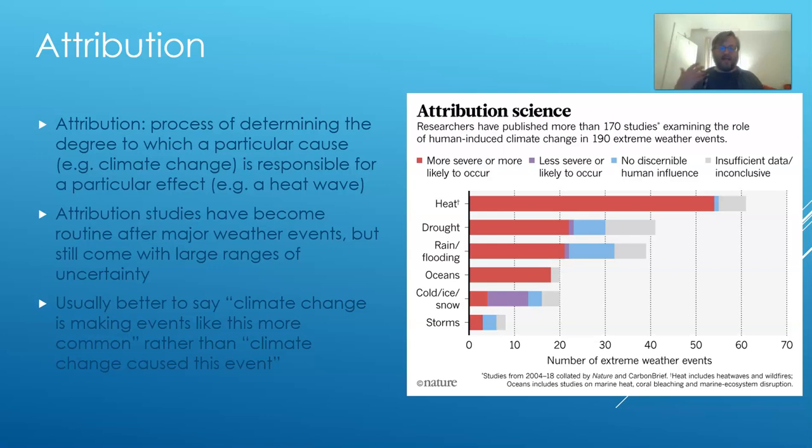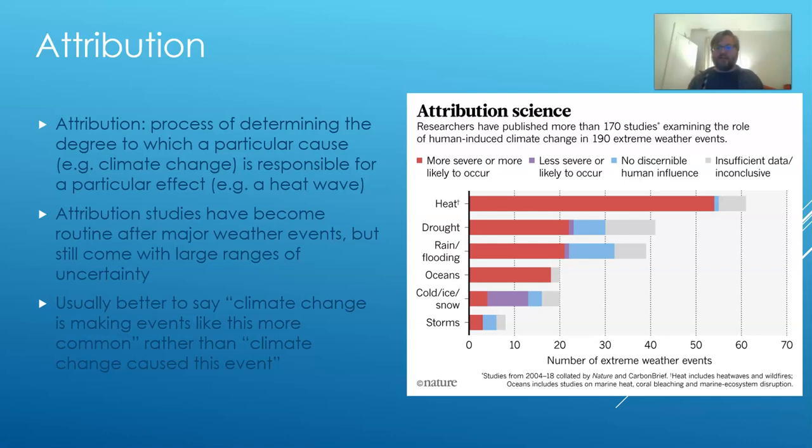And over the last 10-ish years, we've gotten really good at doing these attribution studies. After every major event that happens, every big hurricane, every big drought, etc., people are going to jump in and do some of these attribution studies to determine how much of this can be attributed to climate change.